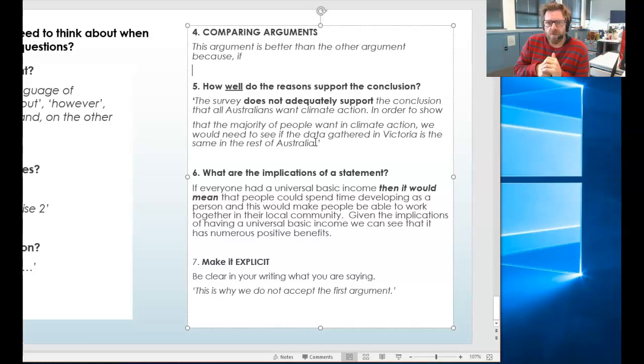This premise or this reason, how strong are they? What are the issues? You could appeal to your reader to say, if we accept that this premise is true, there's good reason to think that the way in which the survey was designed is able to take into account the fact that even though it was only done in Victoria, it is representative of all people in Australia.